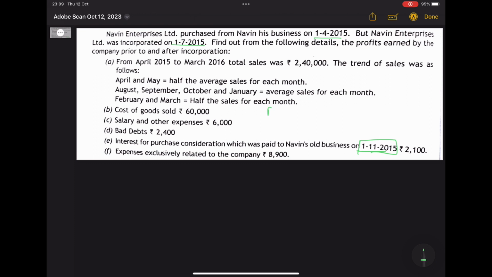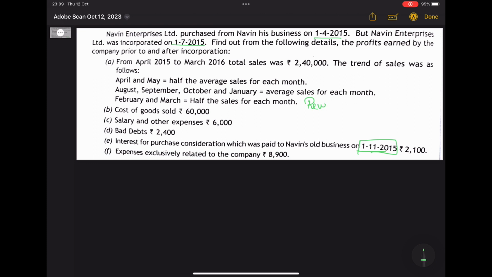Only for that duration I am going to calculate the interest value, not up to March.